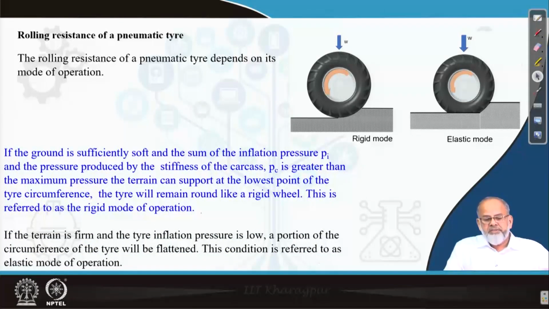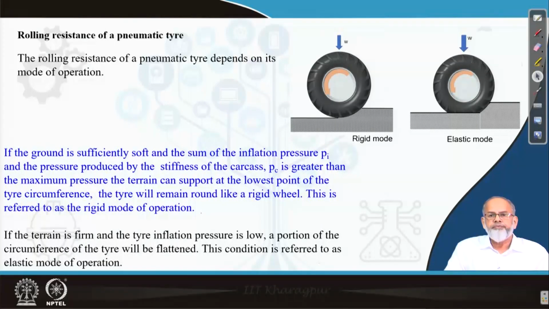If the ground is sufficiently soft and the sum of the inflation pressure Pi and the pressure produced by the stiffness of the carcass Pc is greater than the maximum pressure the terrain can support at the lowest point of the tire circumference, then the tire will remain round like a rigid wheel.